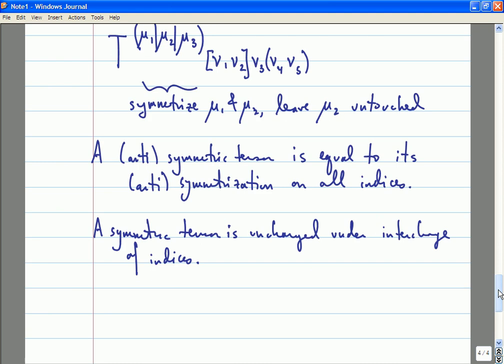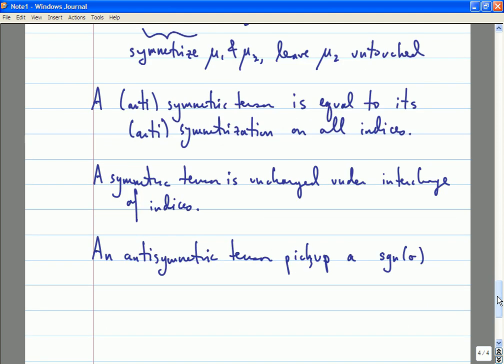An anti-symmetric tensor picks up a plus or a minus sign depending on the sign of the permutation of indices.